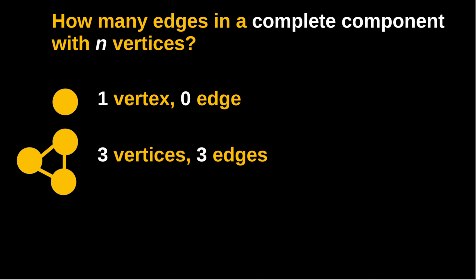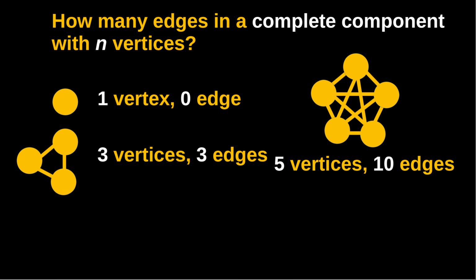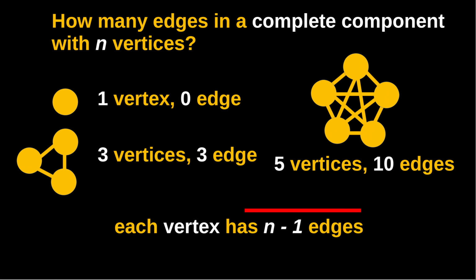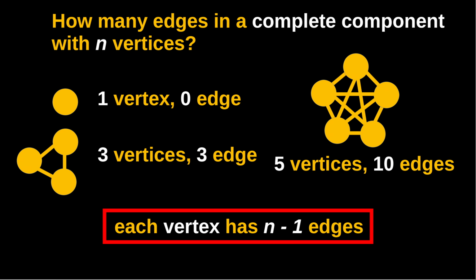If there are 3 vertices, we need 3 edges to make a complete connected component. And if we have 5 vertices and we need an edge for every node to connect with every other node, there are a total of 10 edges needed. So we need n times n-1 over 2 edges. Each vertex in the graph will have n-1 edges.